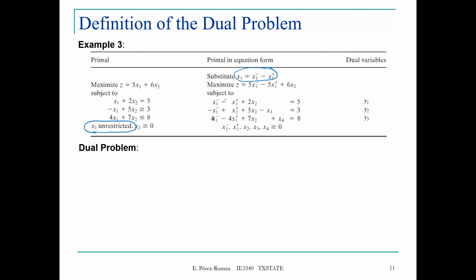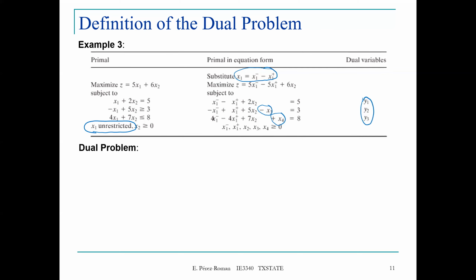So everywhere that you see x1, that's what you're going to see now. And then for the first constraint, we don't need to do anything. For the second constraint, we are subtracting this excess variable. And for the third constraint, we're adding that slack variable. And we also have a variable assigned to each one of the constraints. So a dual variable for each one of the constraints.